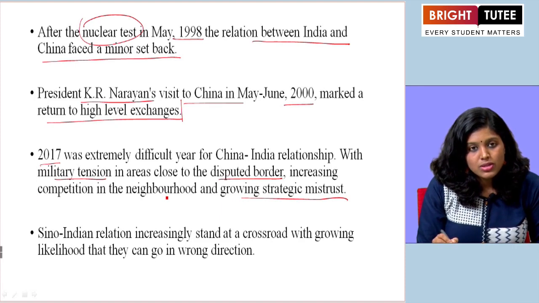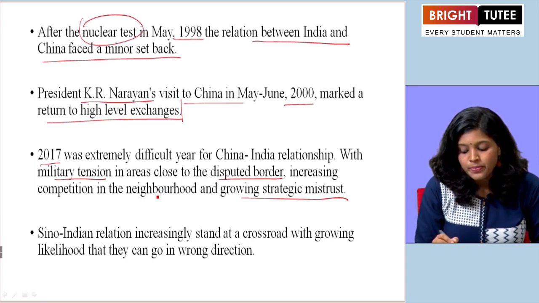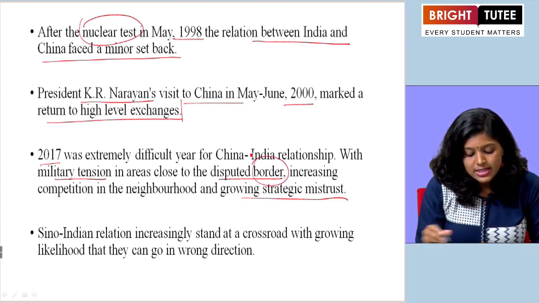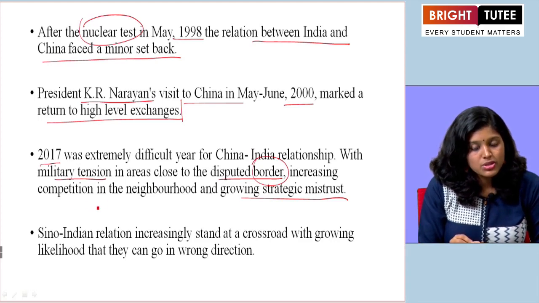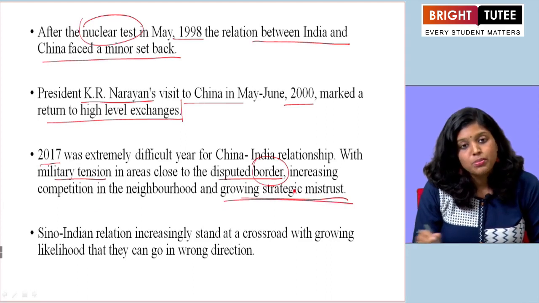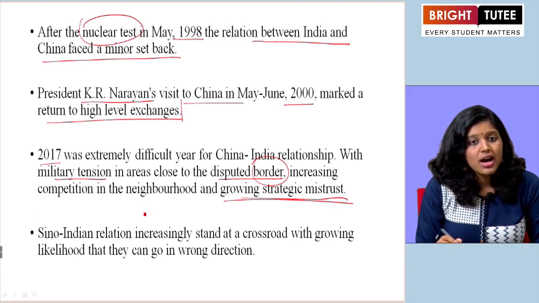Since 2017, there have been problems in the relation which India shares with China, including disputes around the border areas, competition between the two countries, and growing strategic mistrust.